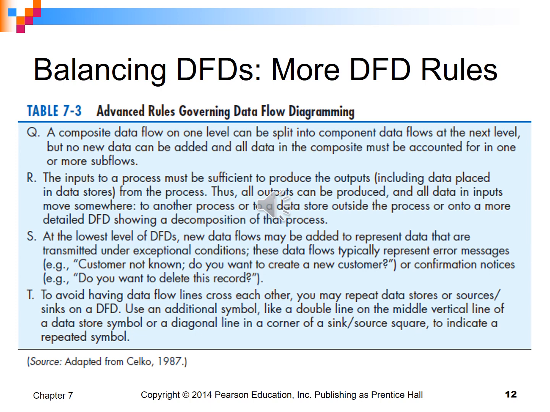And the last thing: to avoid having data flows cross each other and make the diagram cluttered, you could repeat a source, sink, or data store in two places, but you have to use the same name for them, and the data flows going to them should be the same.